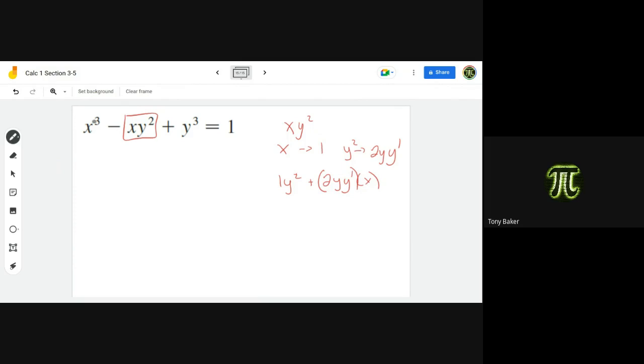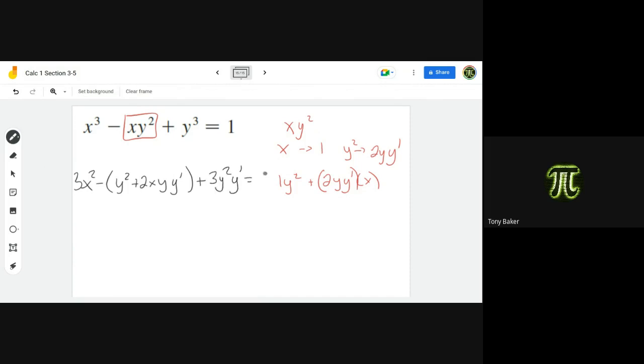What's the derivative of x to the third? 3x squared minus this. So I have y squared plus 2xy y prime. What's the derivative of y to the third? 3y squared y prime.